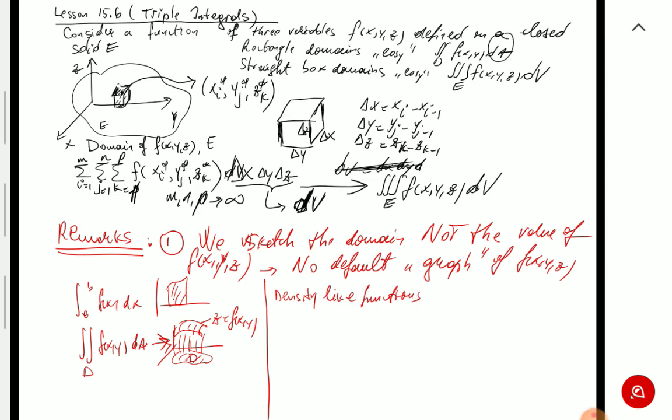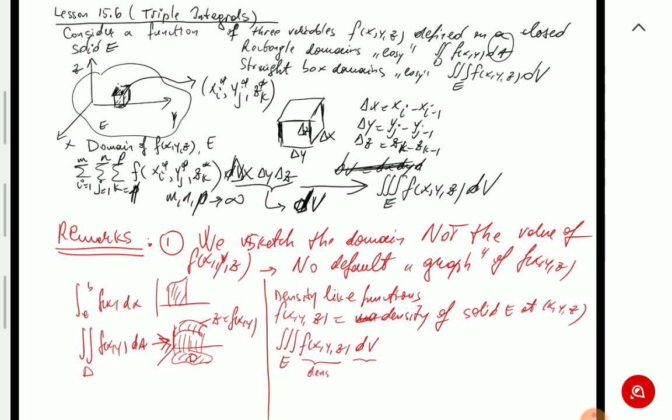For example, let's say the meaning of f(x, y, z) is the mass density of the solid E at the point (x, y, z), okay? Because in general, remember, the density varies with the position on the object. So in that case, to take the triple integral of this function dV is, for each piece of the partition, to multiply the density by the volume of that piece, which means that altogether, that's going to be the mass of that tiny piece of the partition.